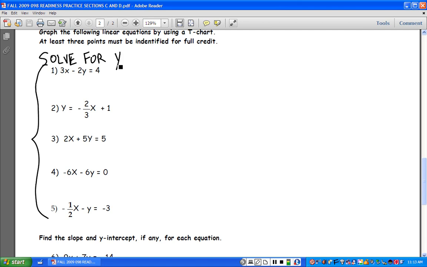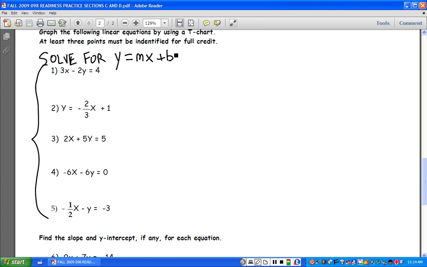That's the key. And in particular, you want to solve for y such that y is isolated, and then any x term you may have is written before any constant term that you have. So y equals mx plus b is the format that we're really going for, for all 5 of these problems.